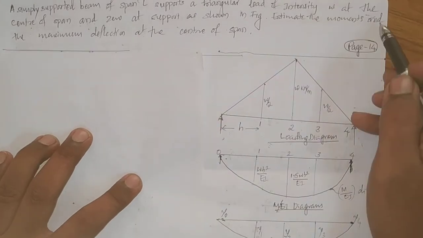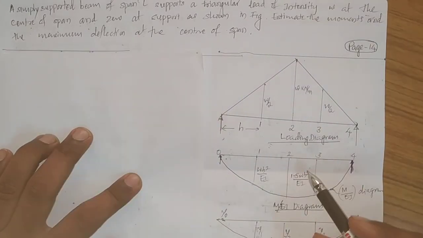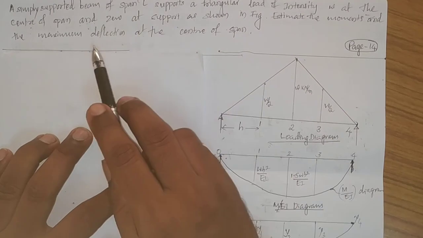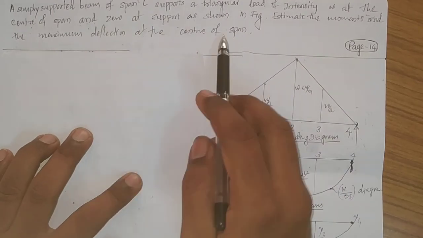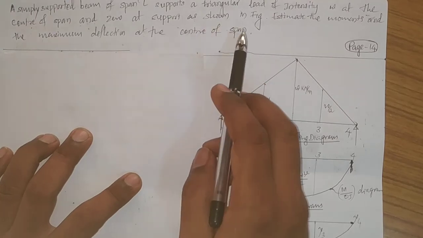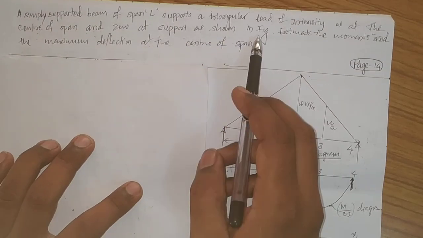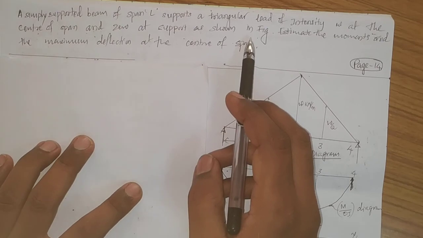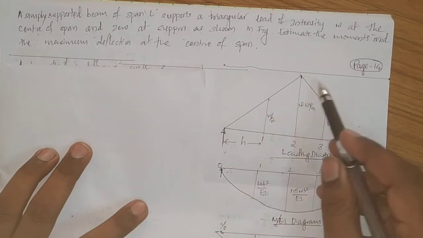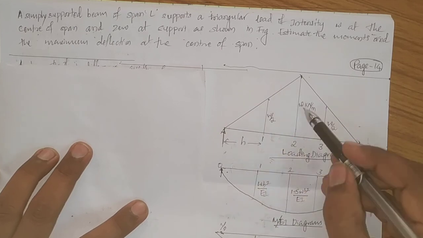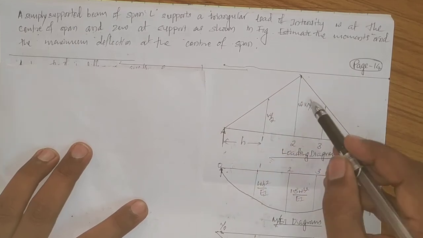Estimate the moments, so we need to find out the moments as well, and the maximum deflection at the center of the span. Those values we need to find out. This is the given problem, and in the problem only W will be given.